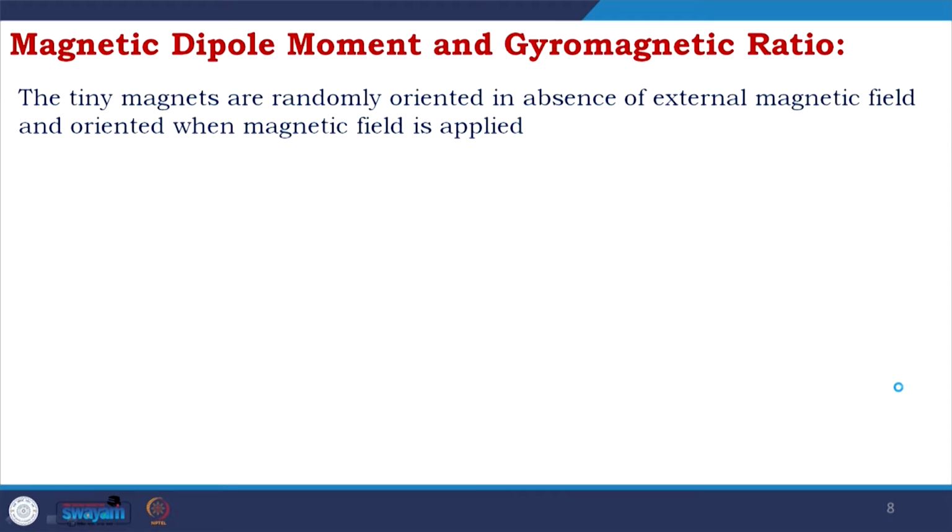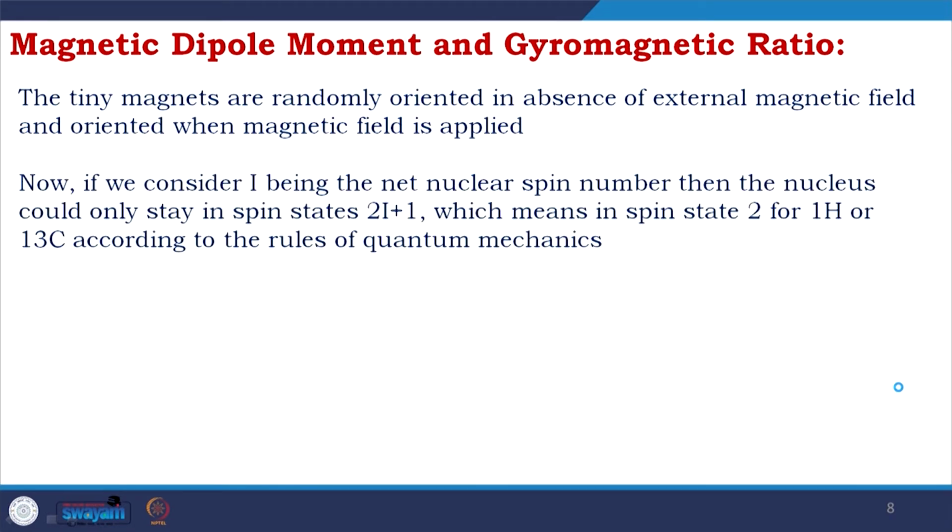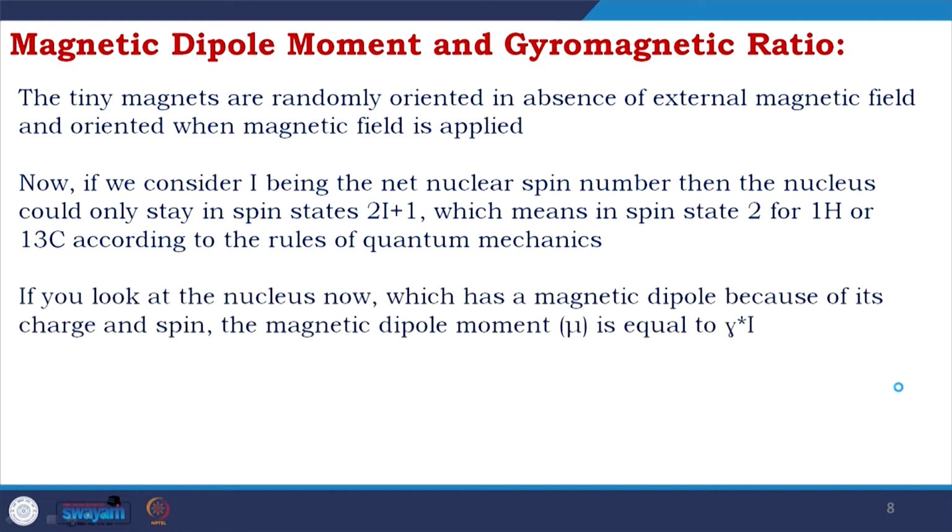Magnetic dipole moment and gyromagnetic ratio. As I talked about, the tiny magnets are randomly oriented in the absence of an external magnetic field and oriented when a magnetic field is applied. Now, if we consider I being the net nuclear spin number, then the nucleus can only stay in 2I plus 1 spin states, according to the rules of quantum mechanics.